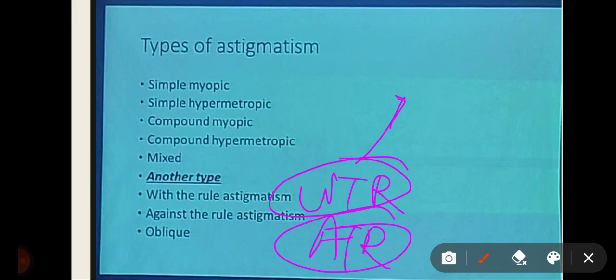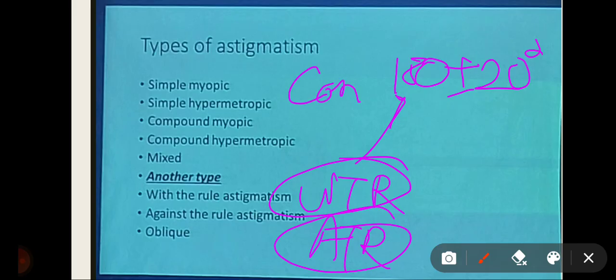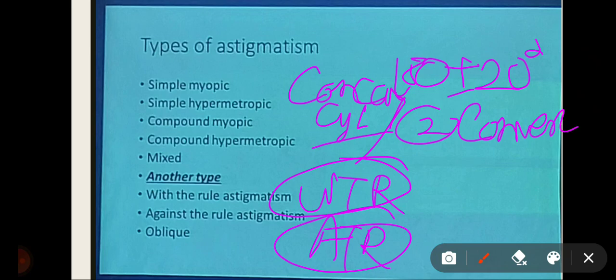Thus, correction of the astigmatism will require concave cylinders at 180 plus minus 20 degree, or convex cylindrical lens at 90 degree plus minus 20 degree.